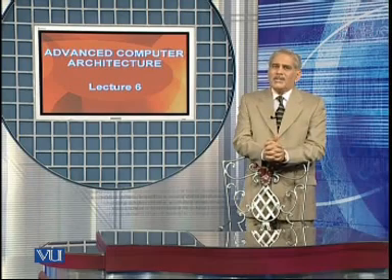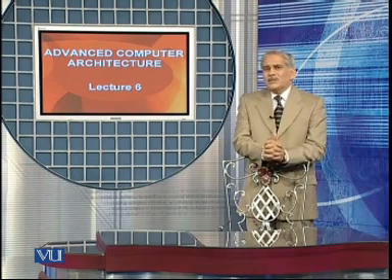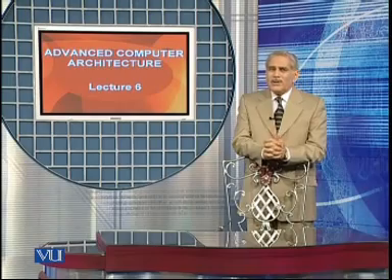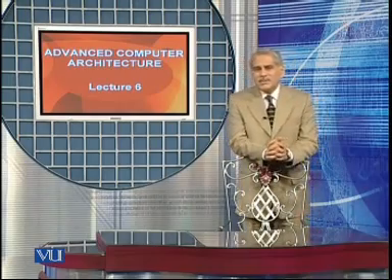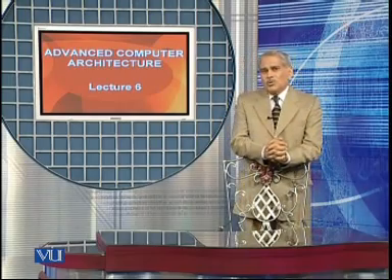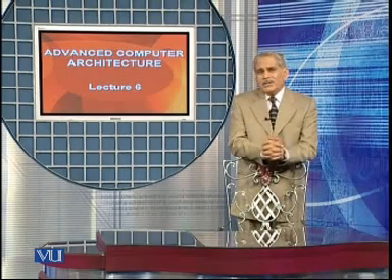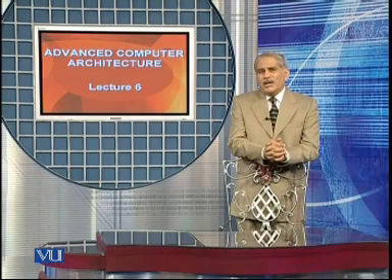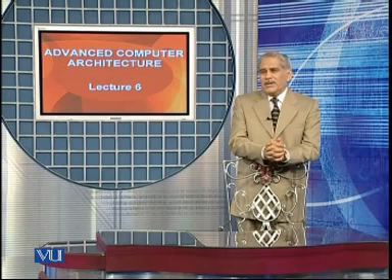Then the one address instruction word, such as the instructions written for the accumulator based machines. The 2 address instruction words, where one of the addresses is used initially as the address of the source operand, and after the execution of an instruction, it is used as a destination address.